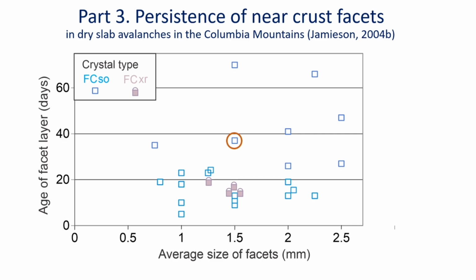Looking at this point, the facets were 1.5 millimeters in size and the facet layer was about 37 days old when the avalanche released. This graph shows that as the size of the facets increased, there was a weak trend for the age of the facets to increase. Although there are only a few results for rounded facets in this graph, they appear to be as persistent as sharp facets shown by the blue squares.